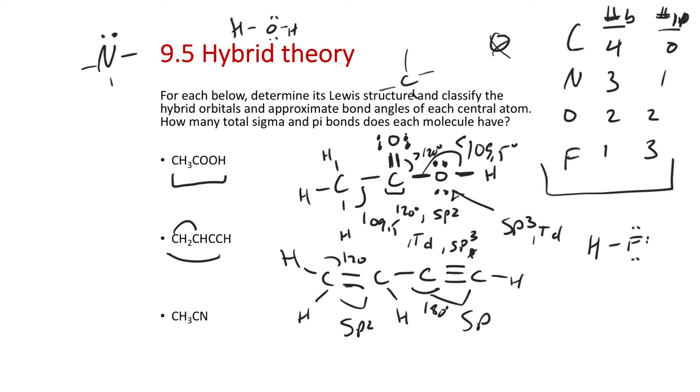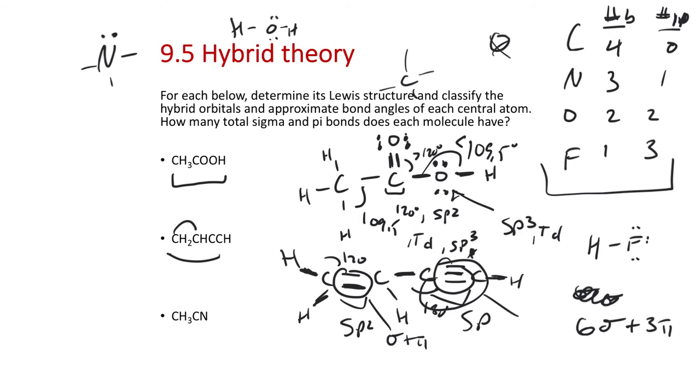We didn't count sigma and pi for the previous example, so sigma here, 1, 2, 3, 4, 5, 6 sigma, and then 1 pi, and then 2 pi for the triple. So I get a total of 6 sigma plus 3 pi bonds. The double bond is a sigma plus a pi, and the triple is a sigma plus 2 pi.